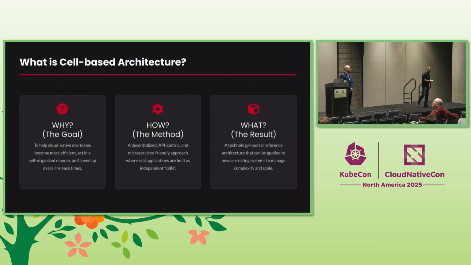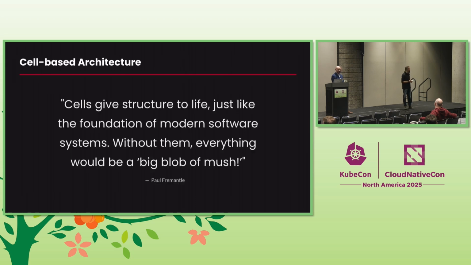There was another analogy: every cell has a membrane. We used those concepts and mapped them to a technical architecture. That's how everything started and how we built this concept. I'll get into detail. This quote came from Paul Fremantle, who co-authored this paper with me.